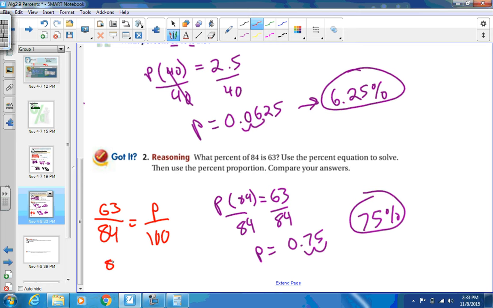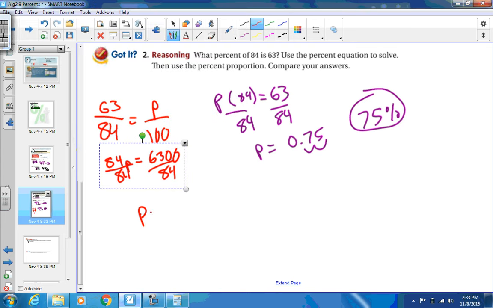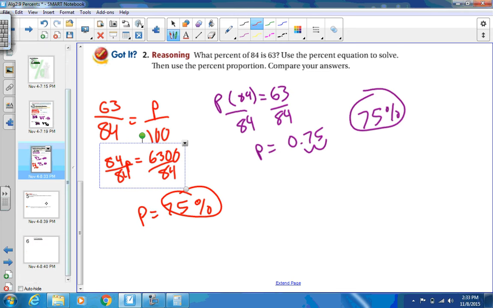Cross multiply, you get 84 times P equals 63 times 100, which is 6,300. We divide both sides by 84. 6,300 divided by 84 is going to get you 75. And that's 75%, which is exactly the same thing that we got the other way. Okay, you see how they both work? Both about the same amount of work, but they will both find you the same answer.